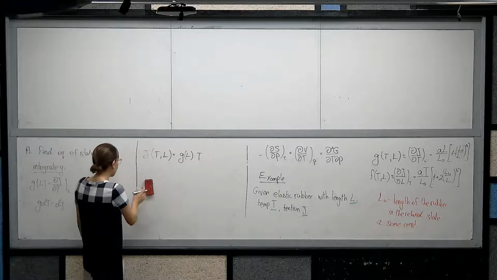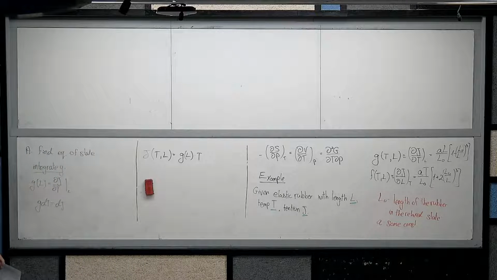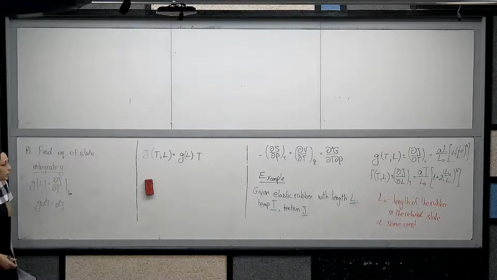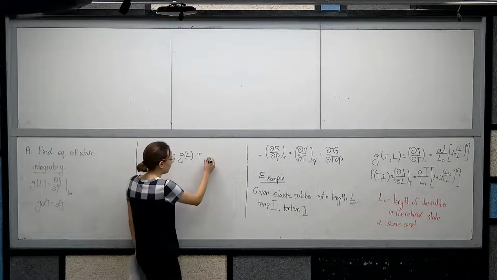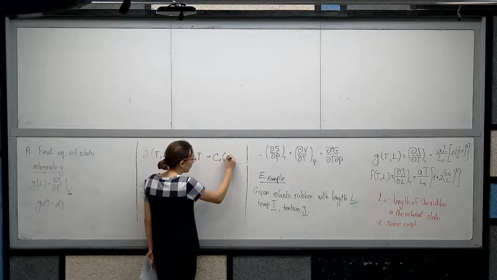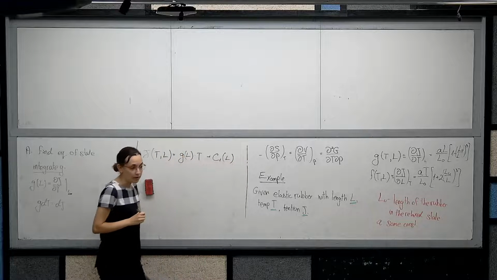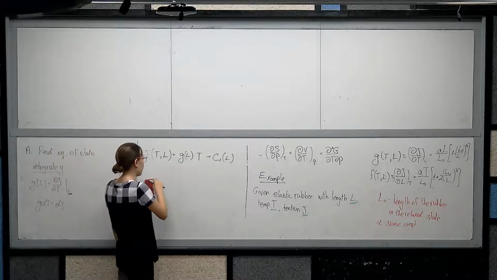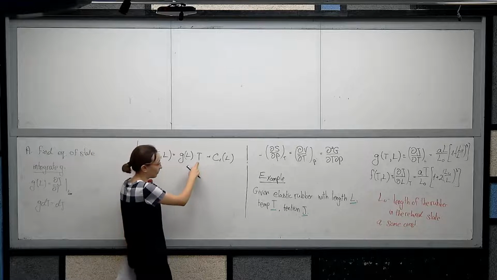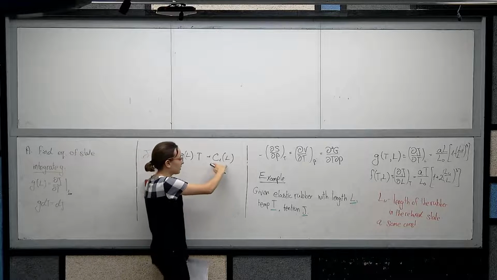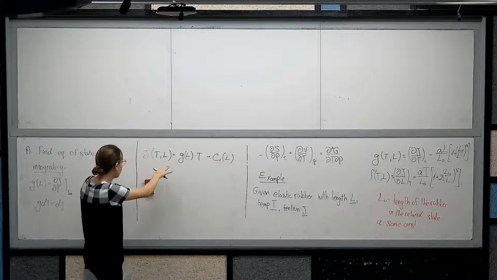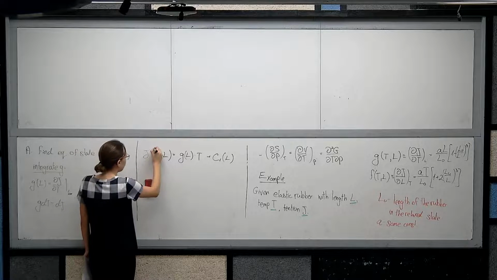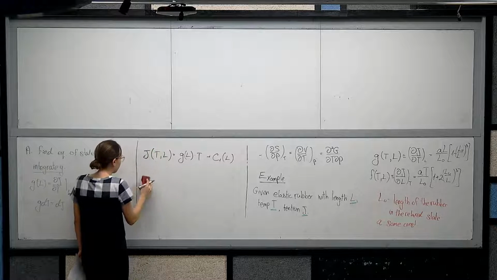Still we need to remember that L is constant for us now, so the constant we're adding can depend on L. If we now take the derivative relative to T, this drops out and we get this equation.